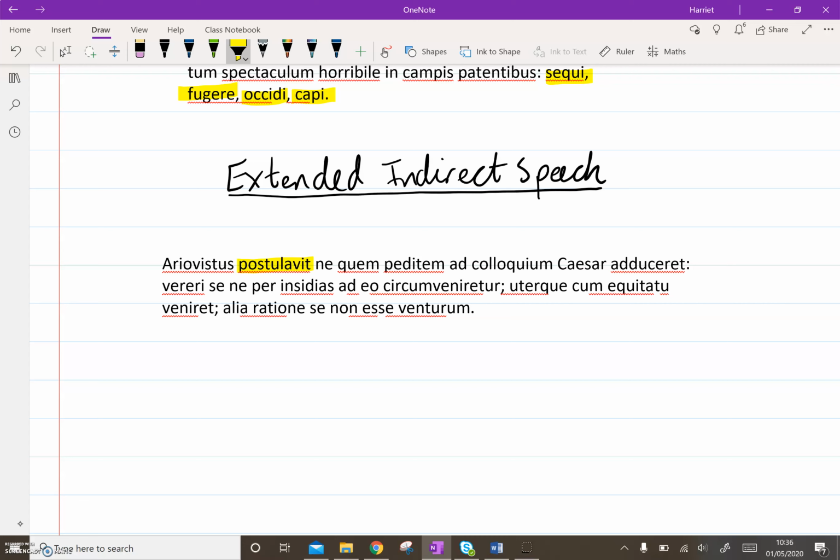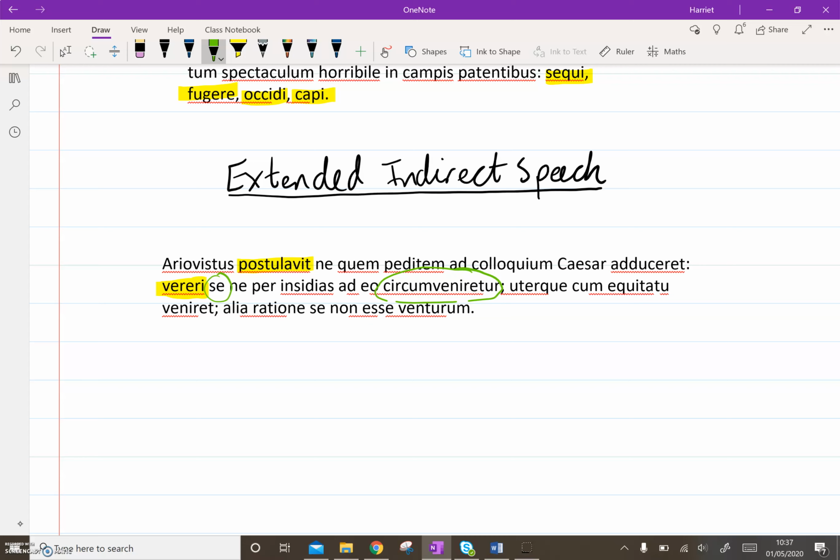Okay. So you've got your infinitive, vereri. Then he's afraid that he, se, would be surrounded, your fearing clause, by him, etc. That should be ab eo, not ad eo.